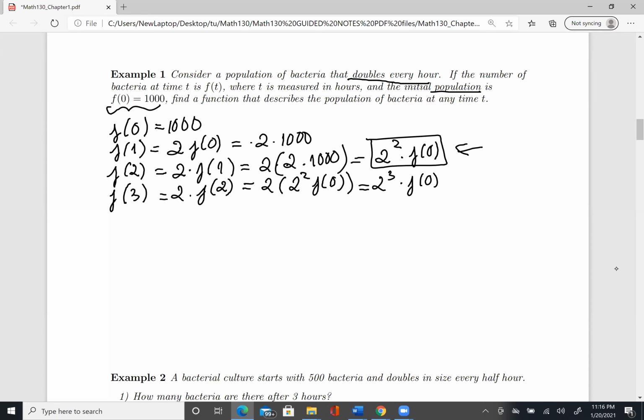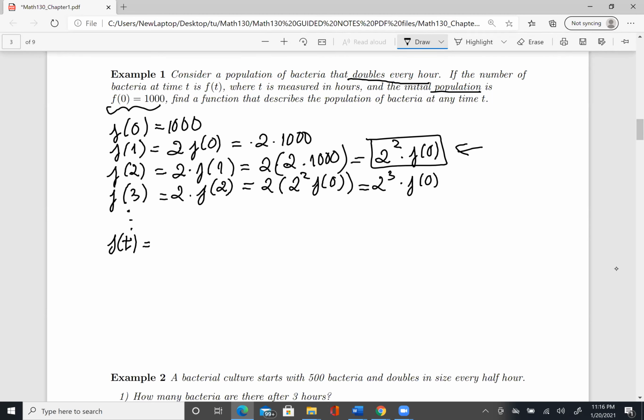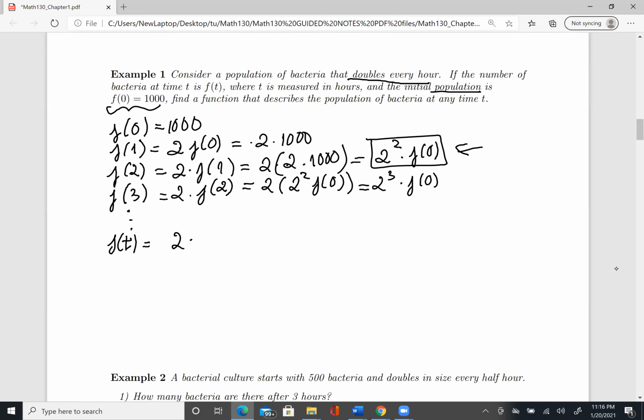And if we keep going like that until f of t, then what happens? You're going to have 2 to the power t, because you see for f(3), it's 2 to the power 3, right? So I have 2 to the power t times f(0), which is 1000.